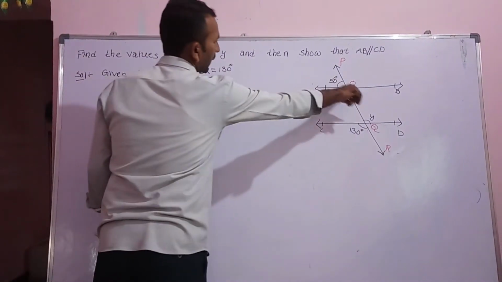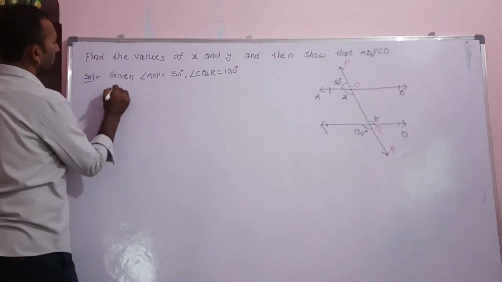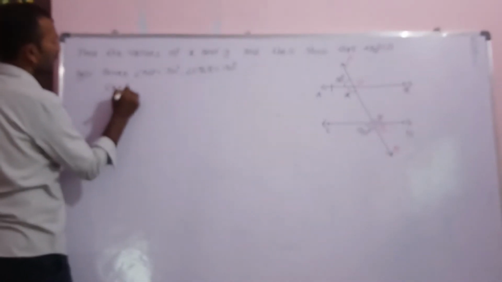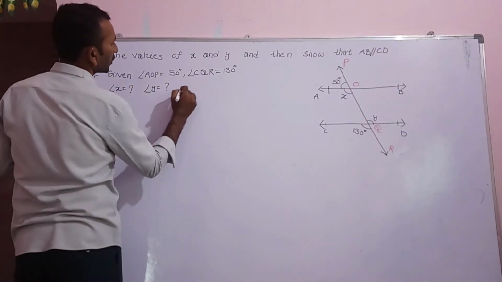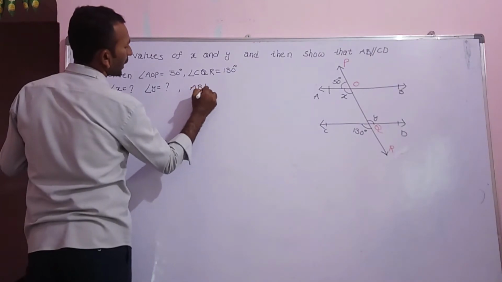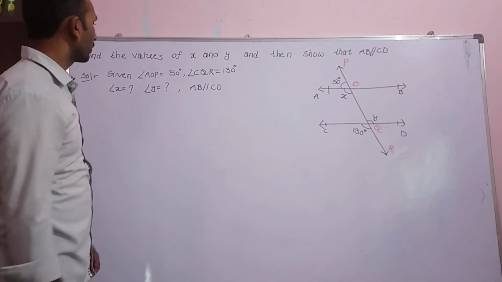PQR is a transversal line, and we need to find the value of angle x and angle y, and we need to show that AB is parallel to CD.